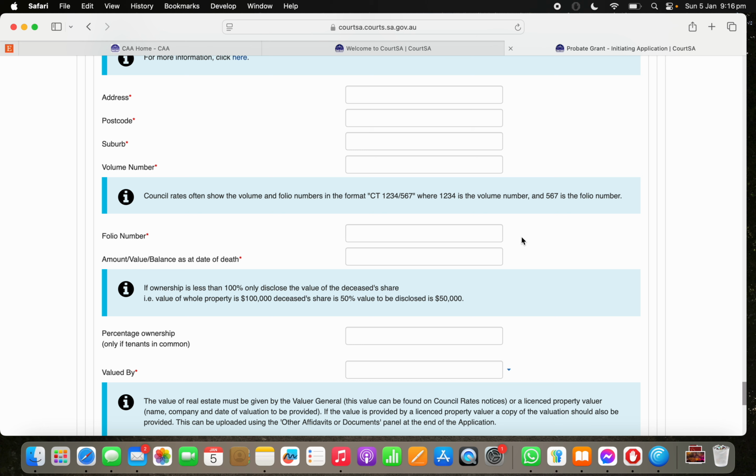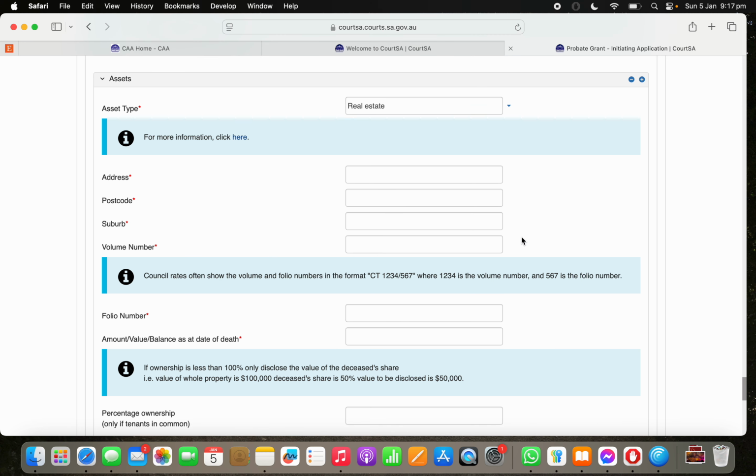Then you'll have to come back to the registry, do a further process, and then get an amended registrar certificate to then have the asset released to you. So easier to get it right from the start.